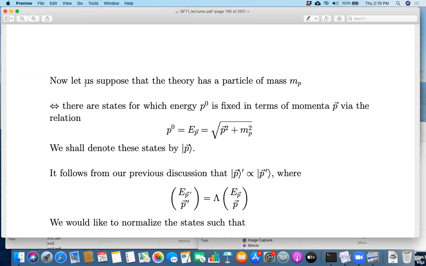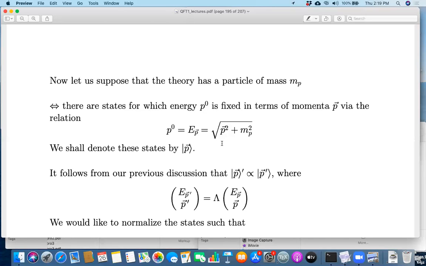Now let's examine the meaning of this. What do you mean by, let us suppose that the theory has a particle of mass mp? We don't know what particles are. So what do you mean precisely by this statement? It means that the theory has a class of states for which the energy P naught is fixed in terms of the momentum P by a relation of this kind.